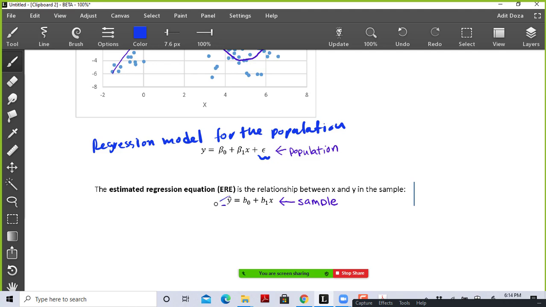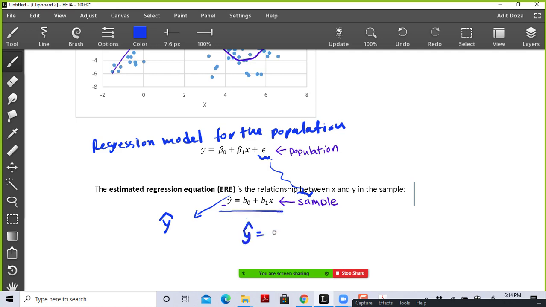So it's y hat. It's something like this. And we don't have the epsilon for an estimated regression equation, because epsilon is assumed to be 0. So if I ask what's the estimated regression equation, your form should be something like this.